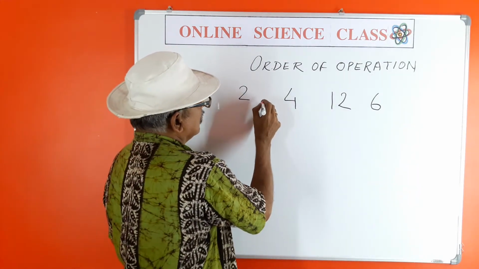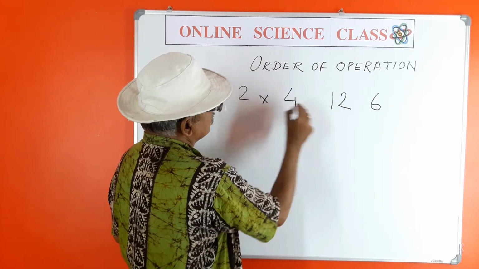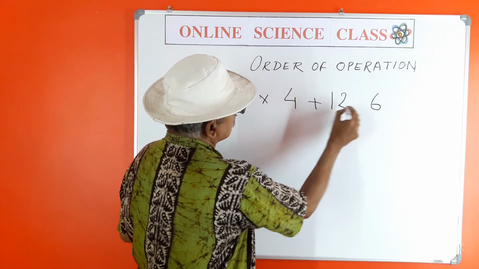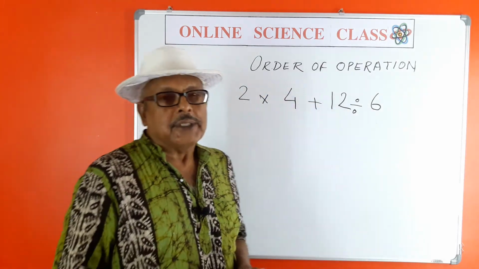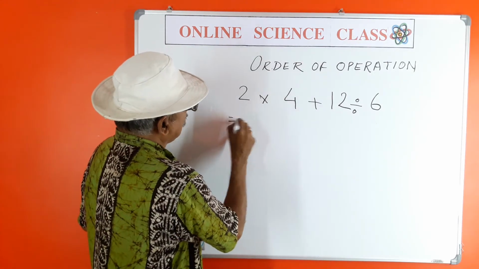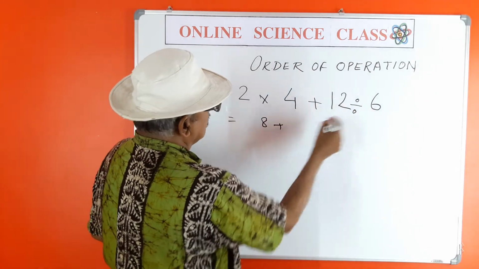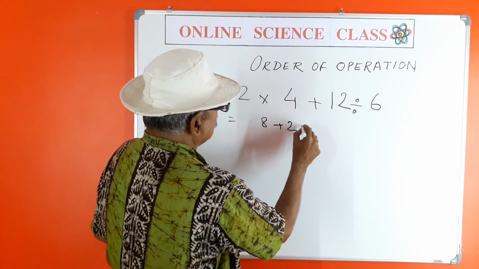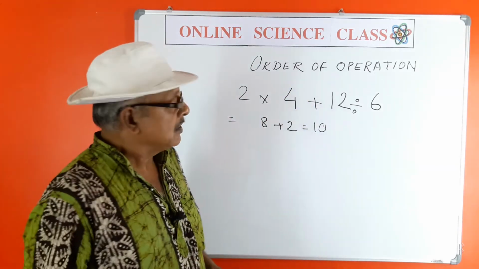But if we put mathematical signs, it becomes a mathematical expression. We can simplify it. 4 into 2, that is 8, plus 12 divided by 6, that is 2, equals 10. Very simple.